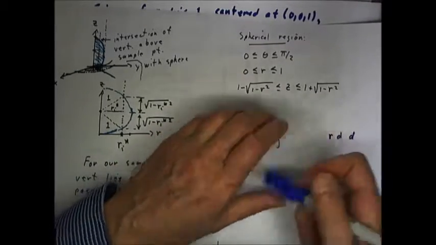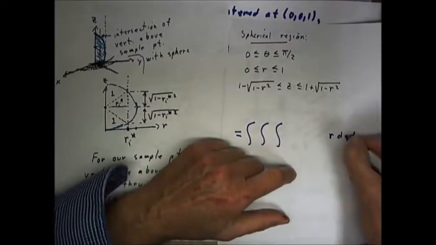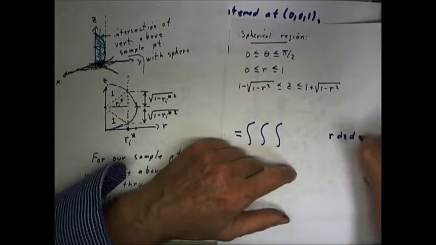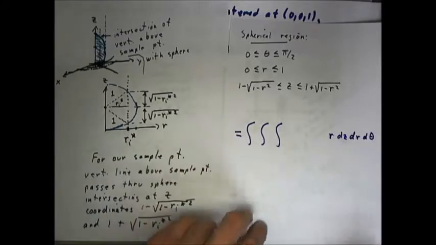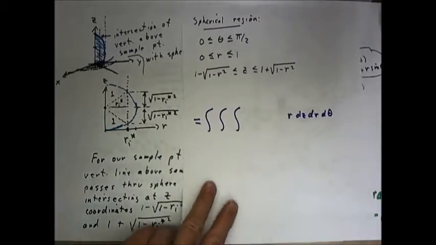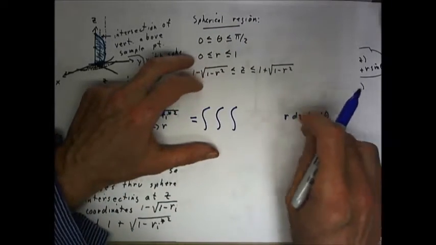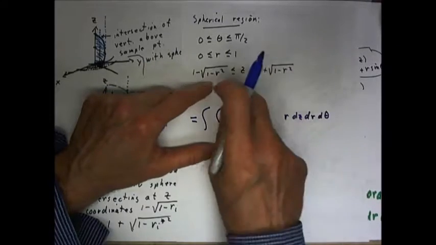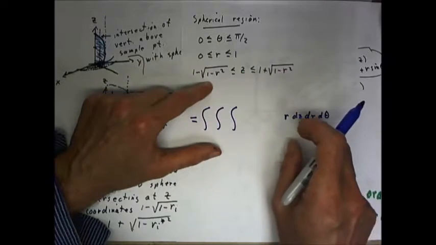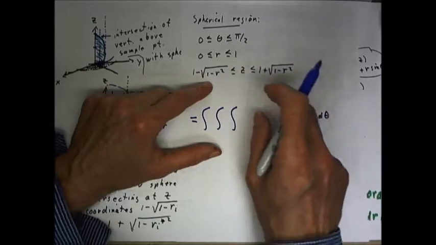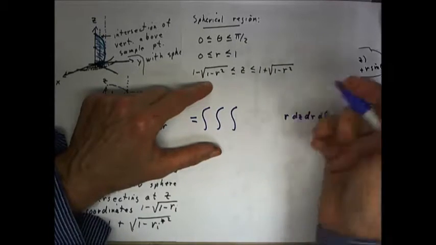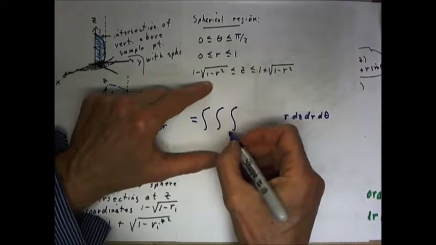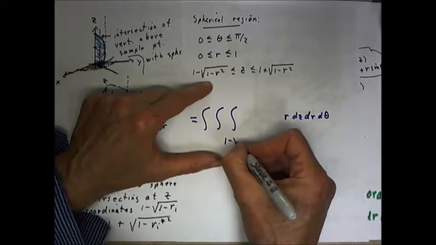It's so natural to write dr after r, but we want to do r dz and then dr d theta. And that's simply because our z depends on r. We can't integrate with respect to r before we integrate with respect to z, for reasons that should be clear to you by this point.